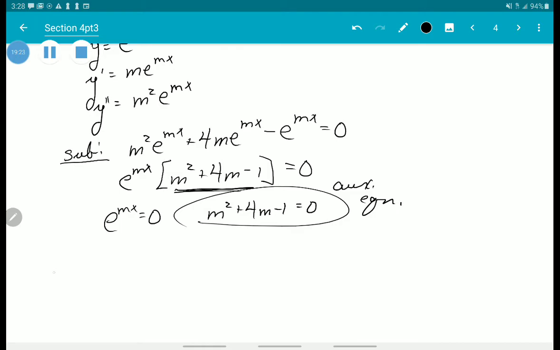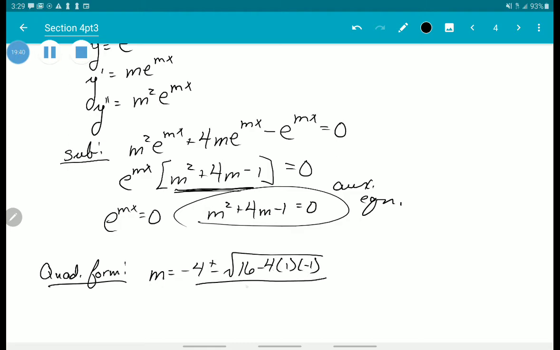So if we want to solve that, we're going to have to use the quadratic formula. The quadratic formula says it's going to be negative b plus or minus the square root of b squared minus 4 times a times c, all over 2a.